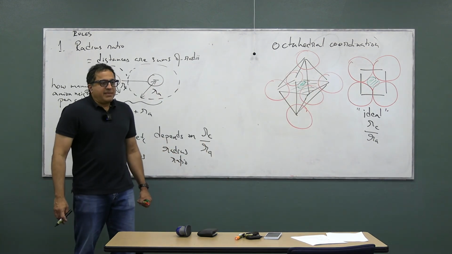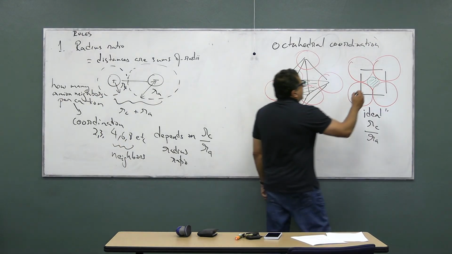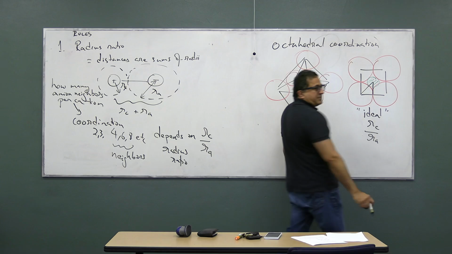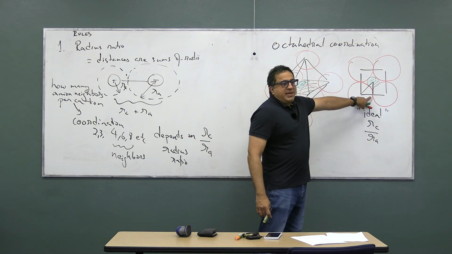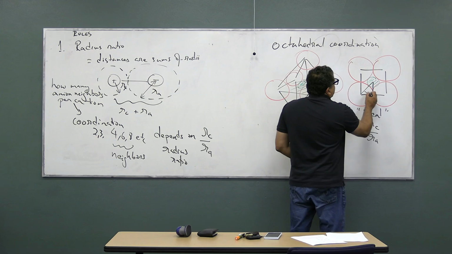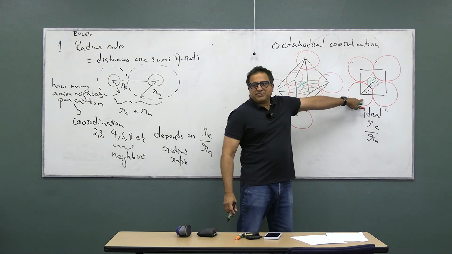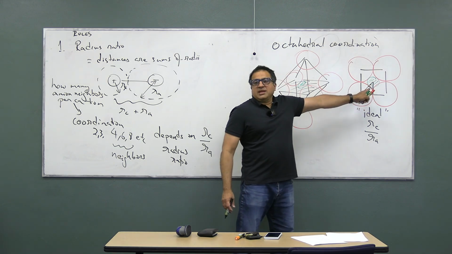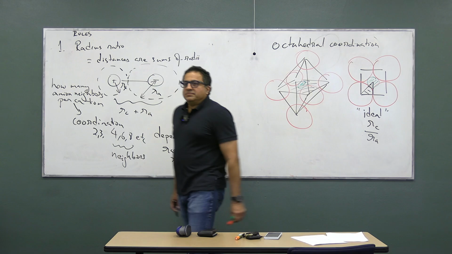Who wants to do a little math? Shall we do a little math? And I can assure you that I always struggle with this. Do you agree that the base of this triangle is the radius of the anion? The hypotenuse is the radius of the anion plus the radius of the cation.